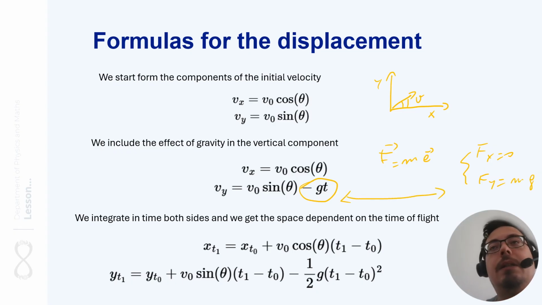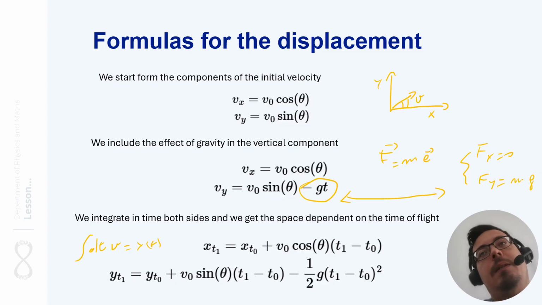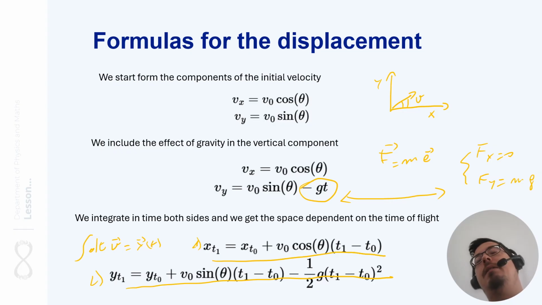And then by integrating the velocity over time again, we get the space. We get two components, one for x and one for y, and these are our two expressions for the coordinates.